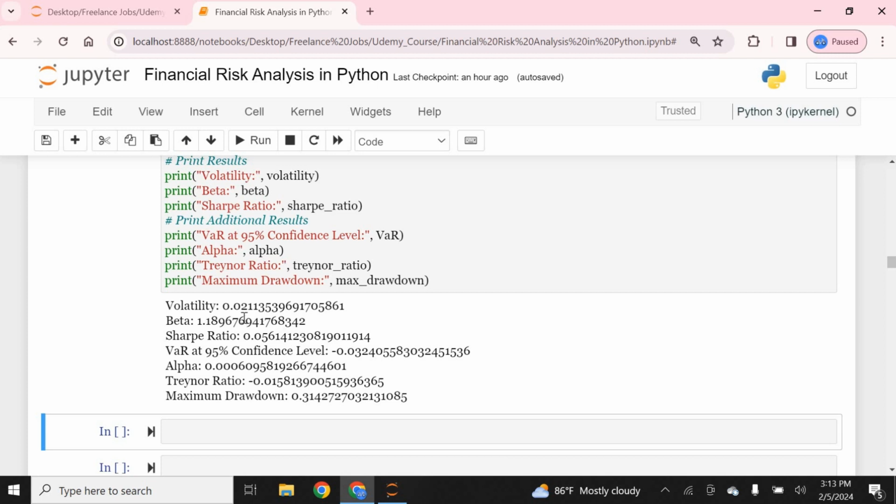So how do you interpret this result? This is the most important part of the analysis, because if you copy these results and put them in Excel as a presentation, and you say, oh, volatility is 0.0 this thing, beta is 1. Nobody cares about that.